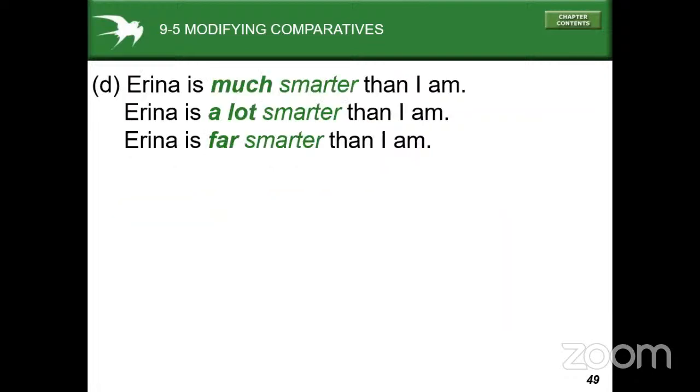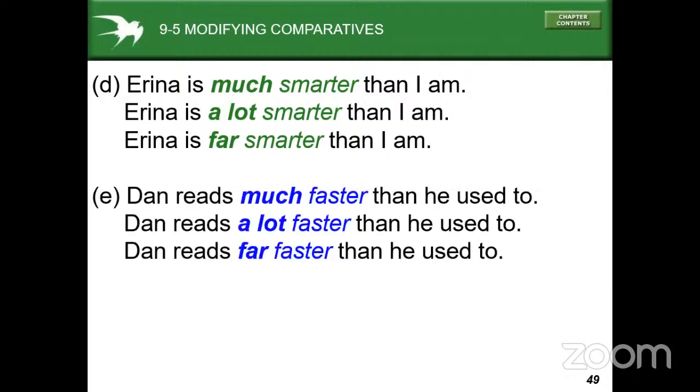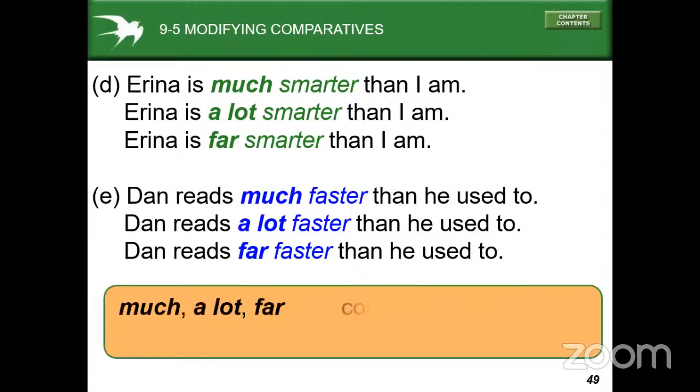Irina is much smarter than I am. Irina is a lot smarter than I am. Okay, so it is possible. Dan reads much faster than he used to. Dan reads a lot faster than he used to. Much, a lot, and far with comparative adjectives.